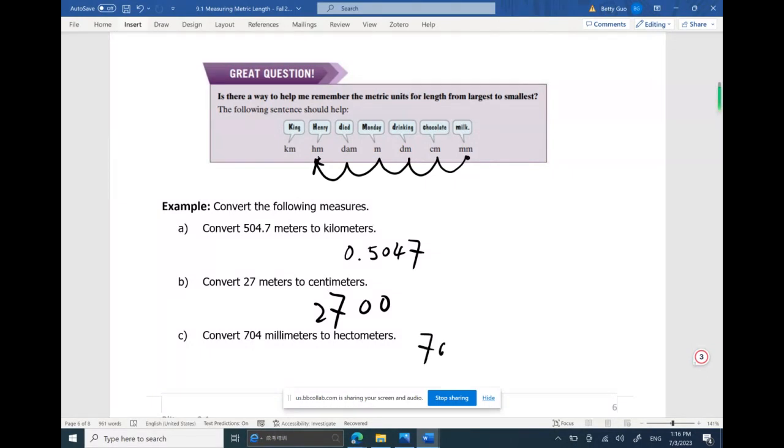Then we have 704, and this is the decimal point. We move the decimal point to the left 5 times as well: 1, 2, 3, 4, 5, using zeros as place holders. So the answer is 0.00704 hectometers. It's a good method, right? Within the metric system, all you need to do is move the decimal point in the same direction.